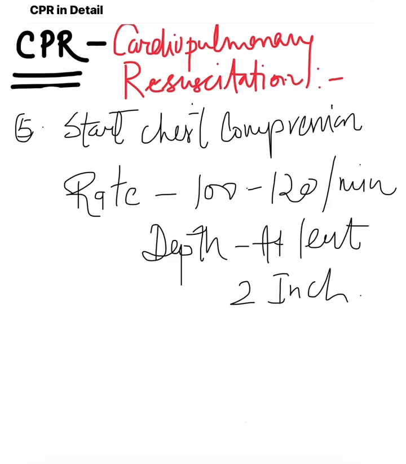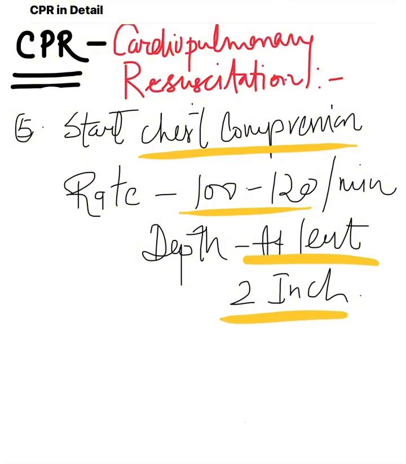In the fifth step, you start chest compression. Rate is 100 to 120 per minute and depth is at least 2 inch. What is the depth? 2 inch, right?